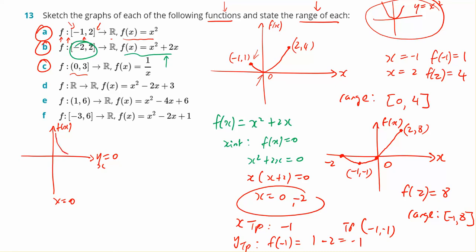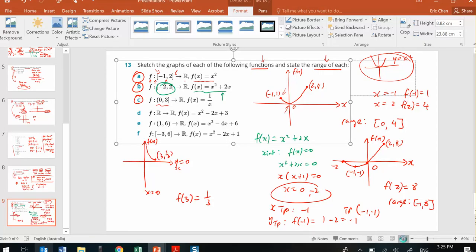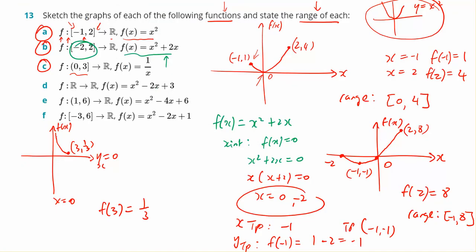So you've got to work out what that endpoint is. f(3) equals 1 on 3. So it's (3, 1/3). That's the endpoint. So now I've drawn the graph. We've drawn our asymptotes. This obviously goes on forever up there, but we're getting cut off at 3.